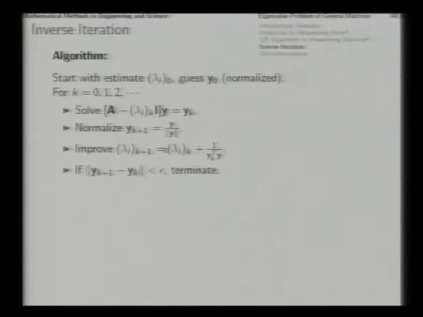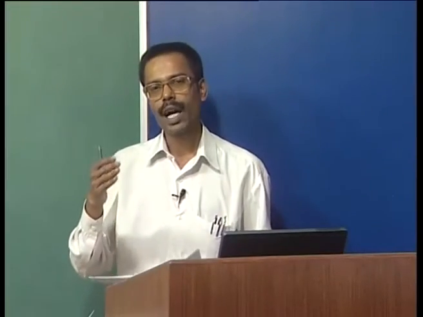So, normalize this and make the improvement over the eigenvalue, and then if the previous right side and the new right side are extremely close to each other, then terminate, that is the convergence. So, this is the algorithm which gives you refinement over the eigenvalues and the values of the corresponding eigenvectors. This can be done as a post processing step after you have triangularized the matrix. This can work for symmetric as well as non-symmetric matrices.